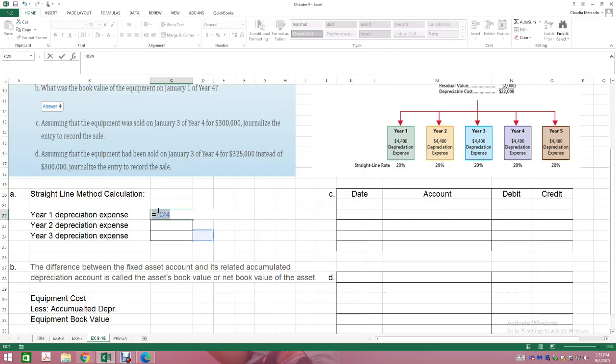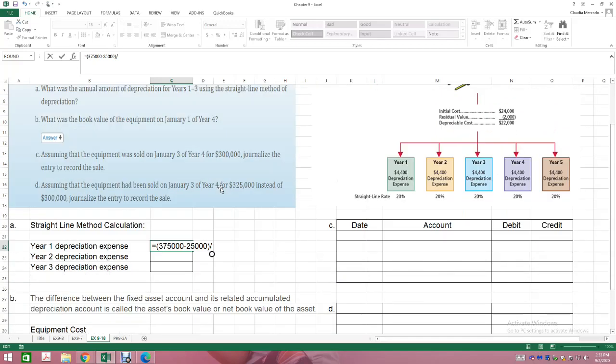Okay, let me see. Let me try again. So it'll be equals 375,000 minus 25,000. And then you divide that by how many years are we using it? 20 years. There we go. I don't know why it was giving me an error, but there we go.